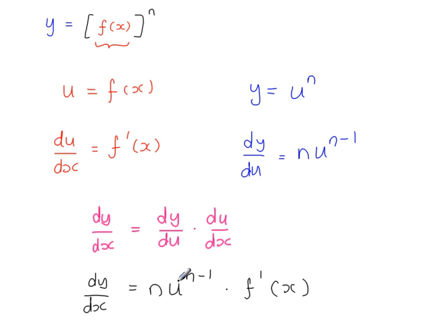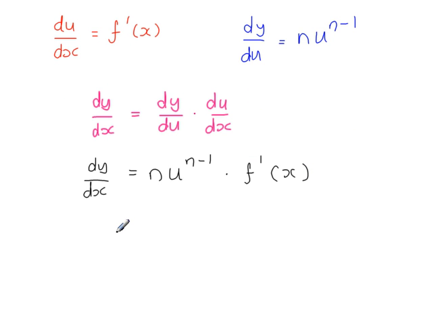And now we have to undo the substitution. So to get rid of u and go back to something in terms of x, well, u is equal to f of x. So then I've got n, replacing the u with f of x.